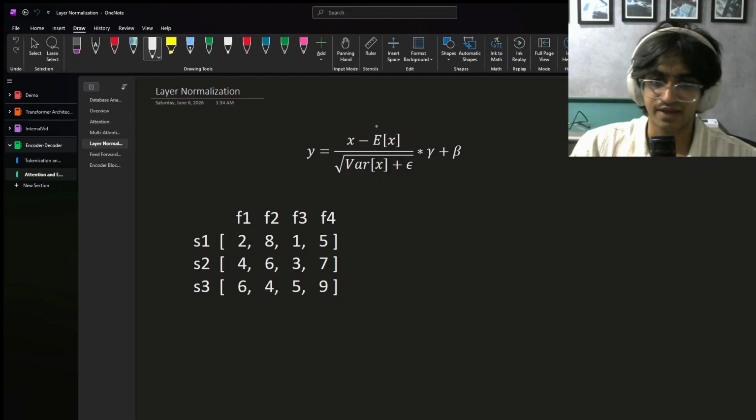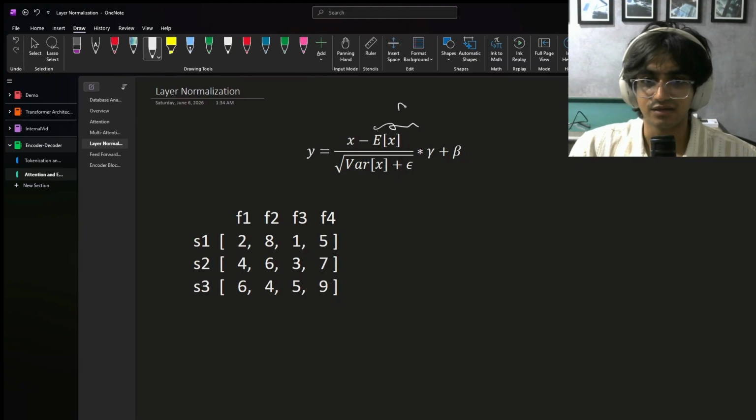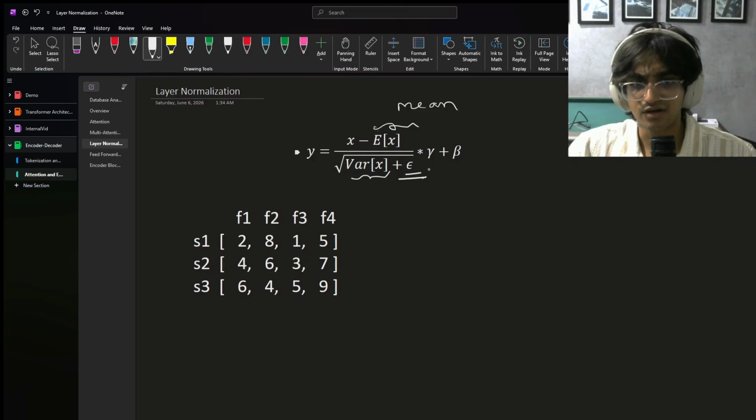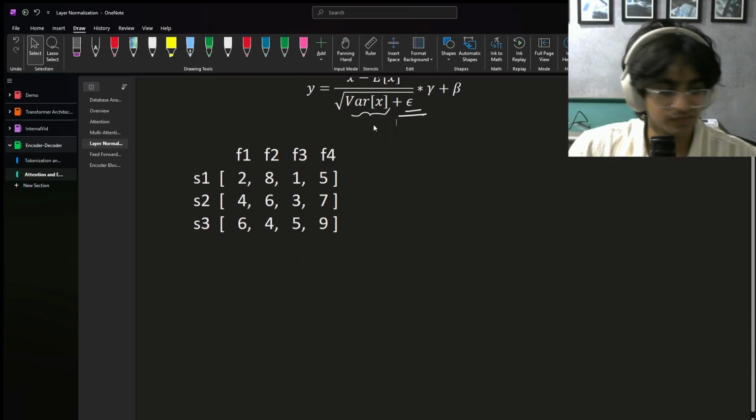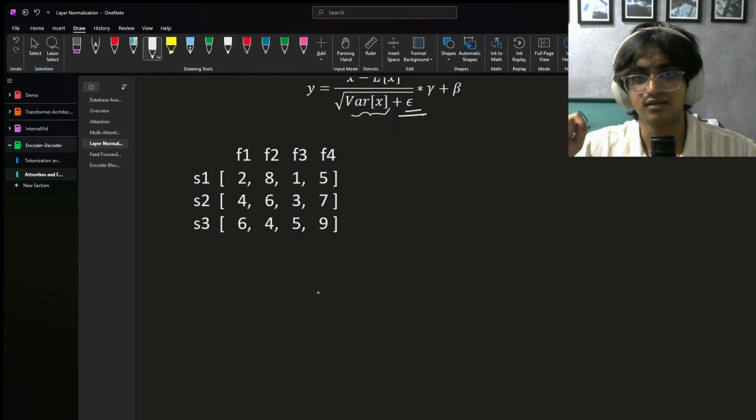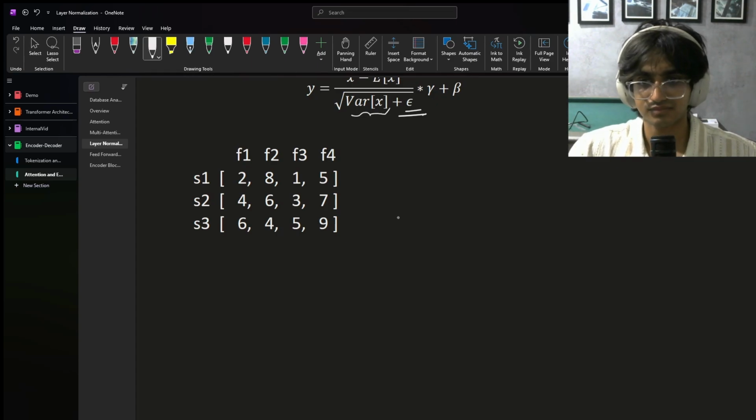So expectation of x is essentially just your mean value. And here we got our variance. Here we have an epsilon term. I'll tell you why we need it. And then we got a gamma and a beta. This looks pretty familiar if you know batch normalization. But here what we do is we calculate the mean and the variance with respect to the rows.